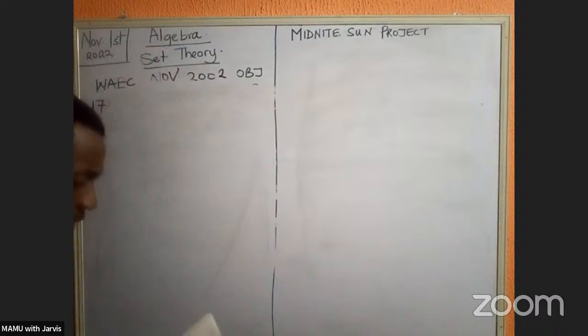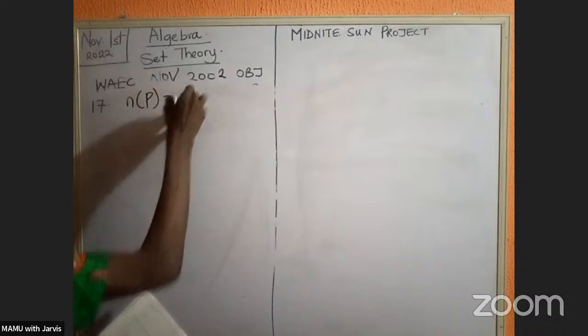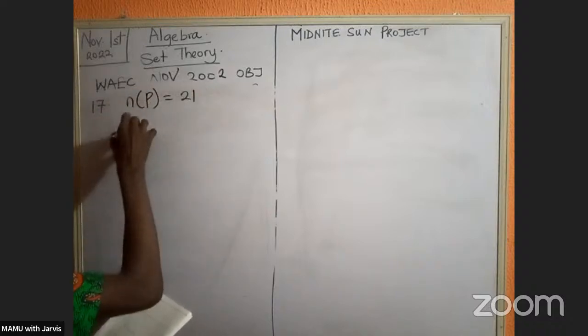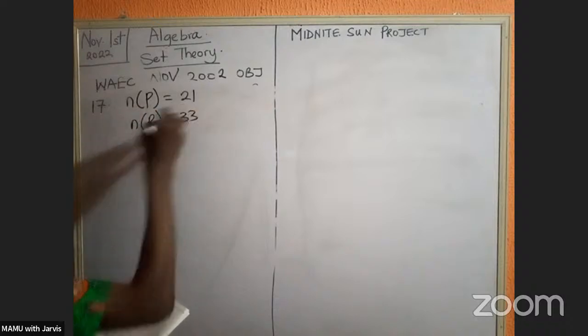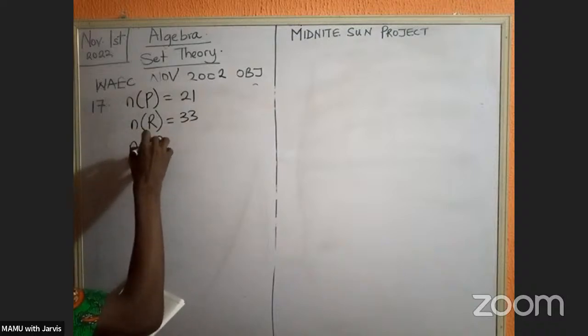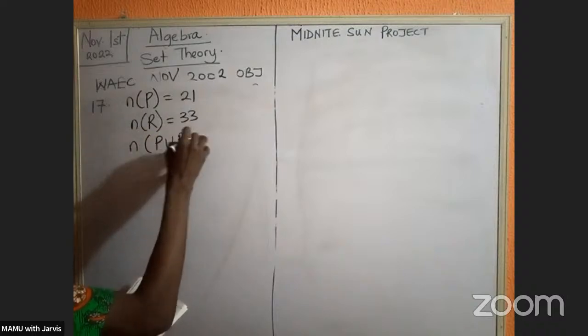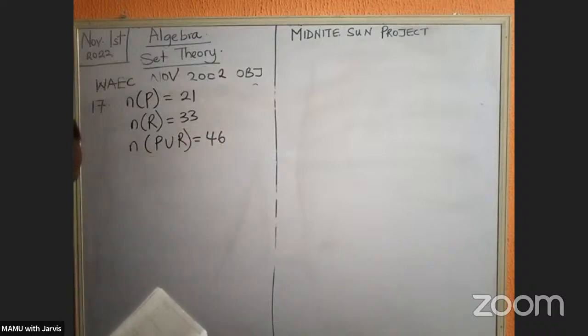Question 17 of that year says the number of P is equal to 21. The number of R is equal to 33. And the number of what? P union R is equal to 46. Where the number of P is the number of elements in the set.